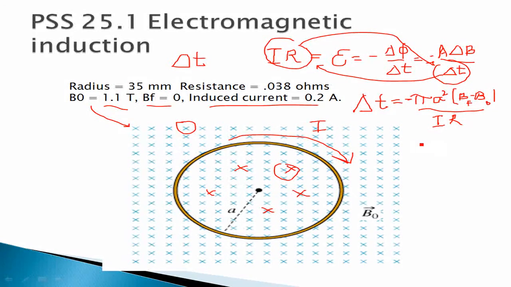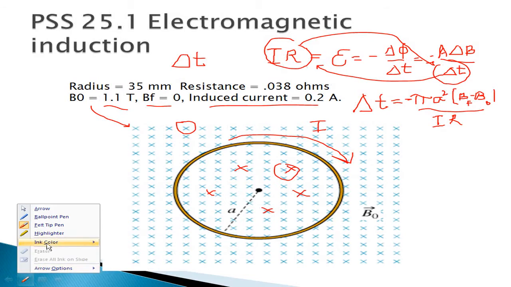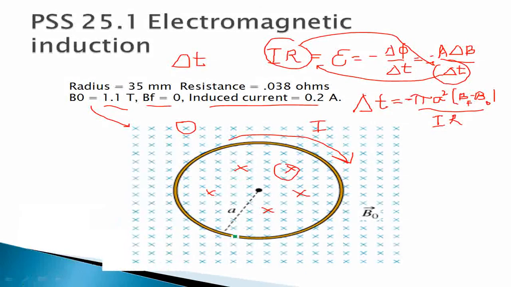Okay, so if we go ahead and put in our numbers, let's just change the color here so we can see what we've got. The final magnetic field is 0. The original one is 1.1. 0.035 is the radius. We have to convert to meters.